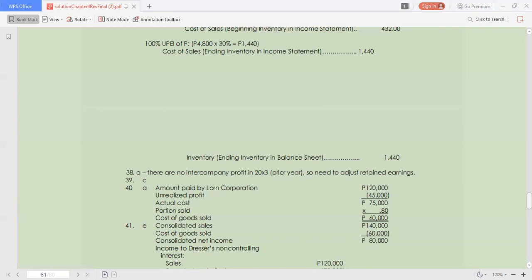Then number 41: what amount of consolidated net income will be assigned to the controlling interest for 20x4? The consolidated sales of 140,000 in number 39, then we deduct the cost of goods sold of 60,000, which is in number 40.